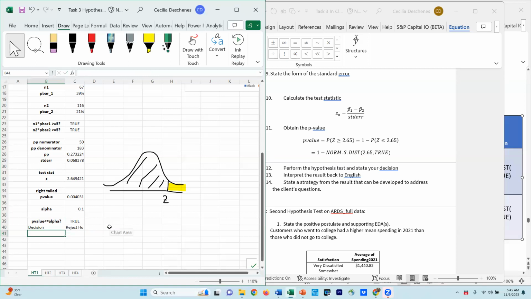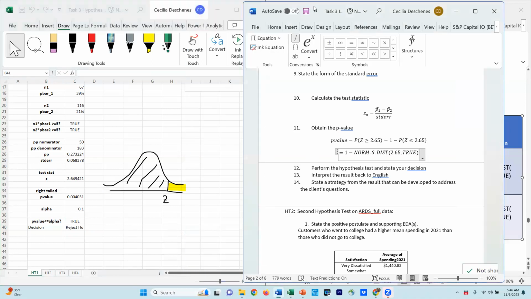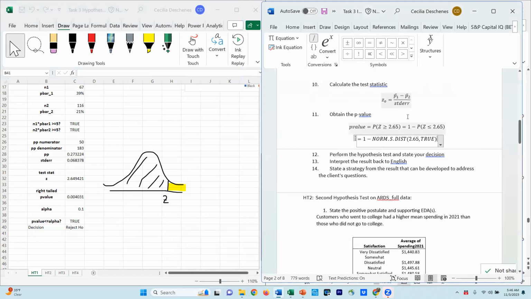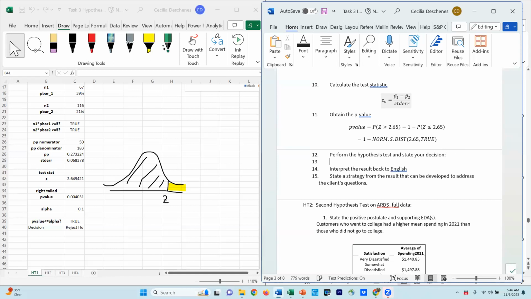Okay. So we've done all this. Let's come over to our Word document and document what we've done so far. All right, so we perform the hypothesis test and state your decision.